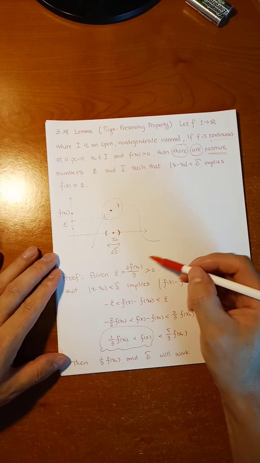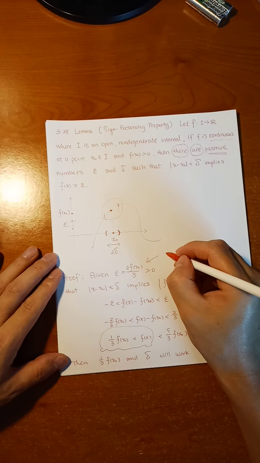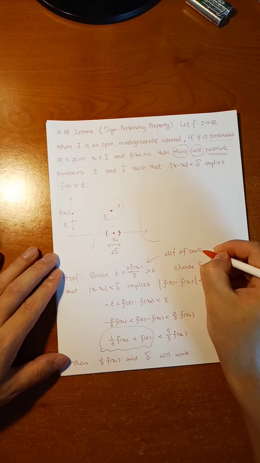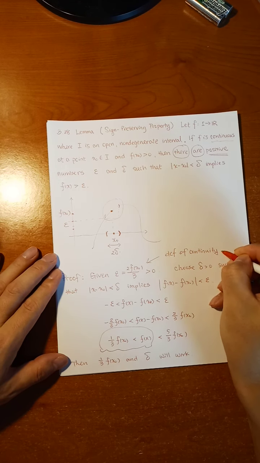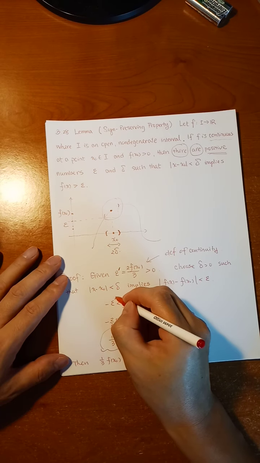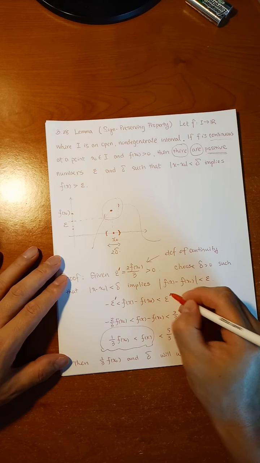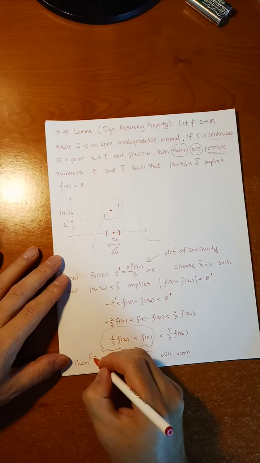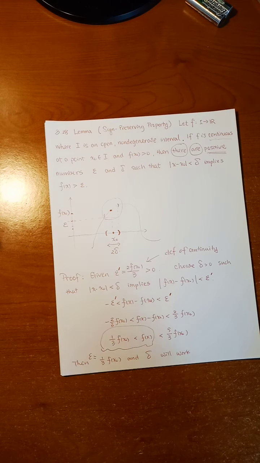This epsilon is from the definition of continuity. It's better for us to just put prime. Epsilon prime is not the epsilon we're talking about. So this one is epsilon. You redefine this 1/3 f(x0) to be epsilon.